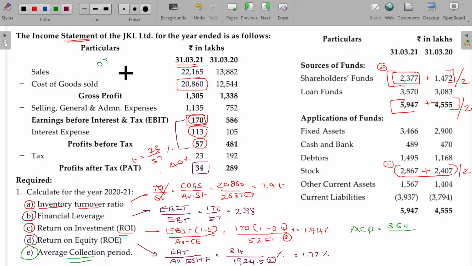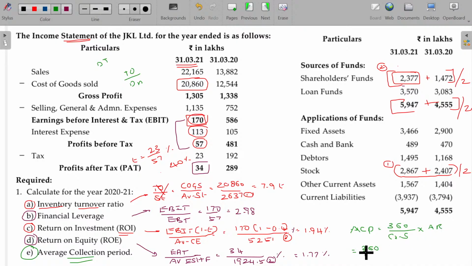Turnover means credit sales divided by average receivables.